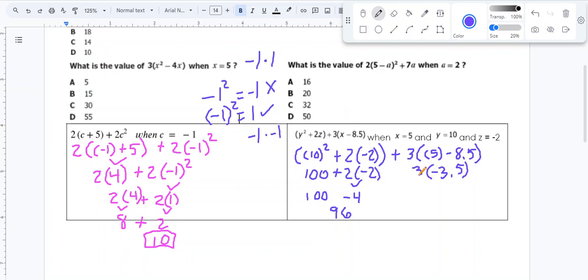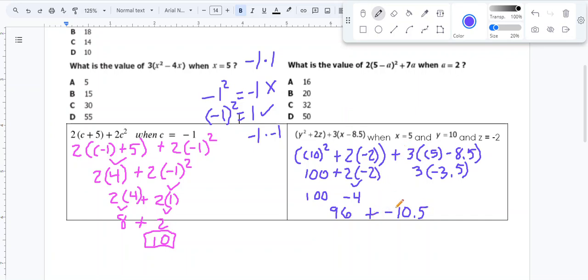And then I have a 3 out in front. Whatever I get here, I'm going to add to this first one. But when a number's next to a parentheses, that means multiply, right? So I want to multiply that first before I add it together. If I multiply 3 times negative 3.5, I get plus negative 10.5. This plus just came from up here, I brought it down.